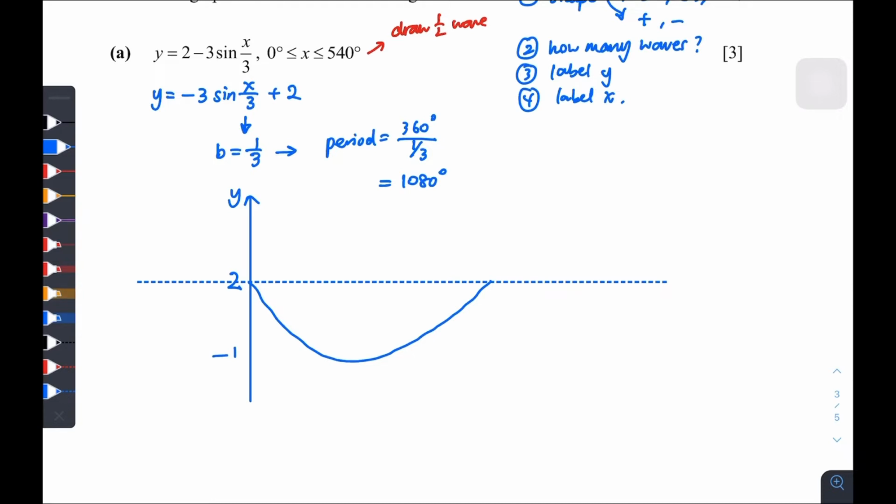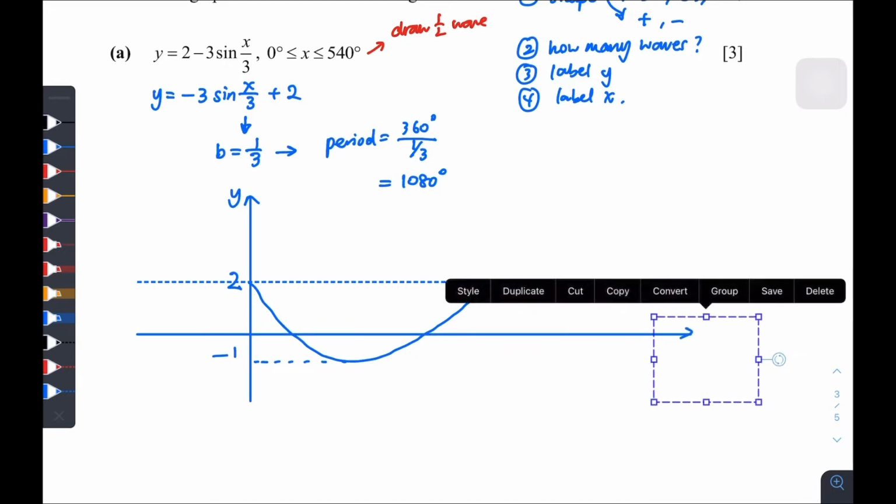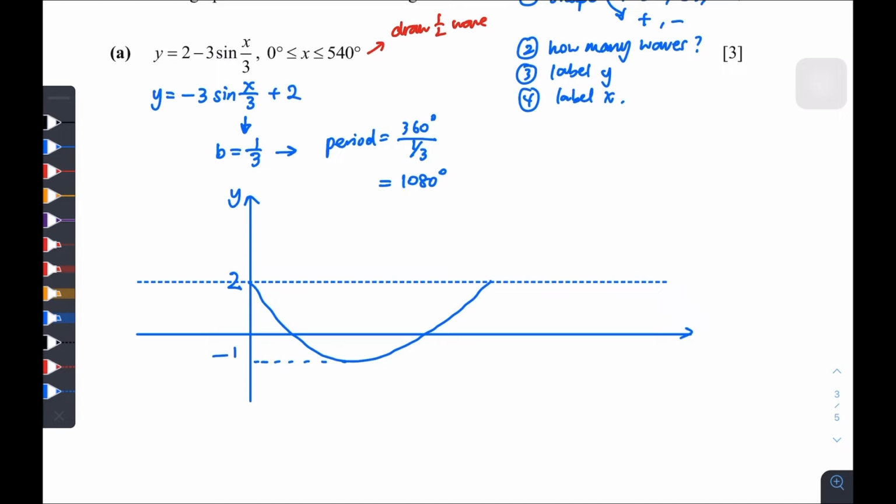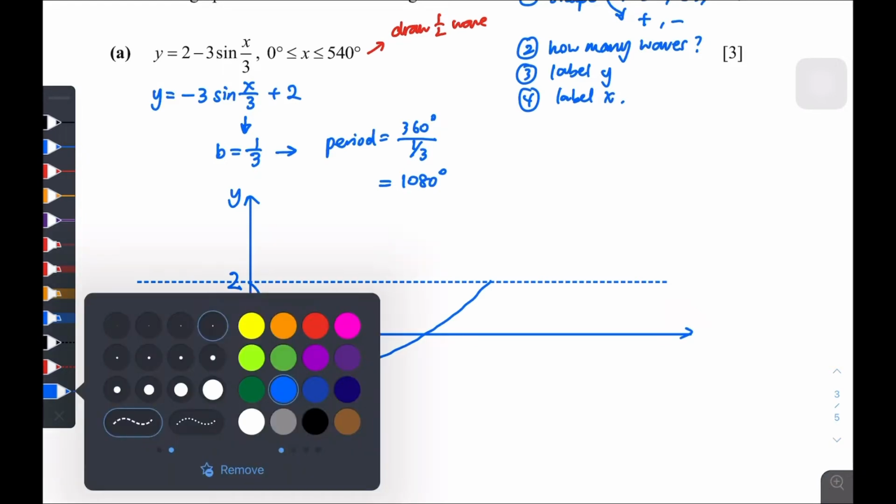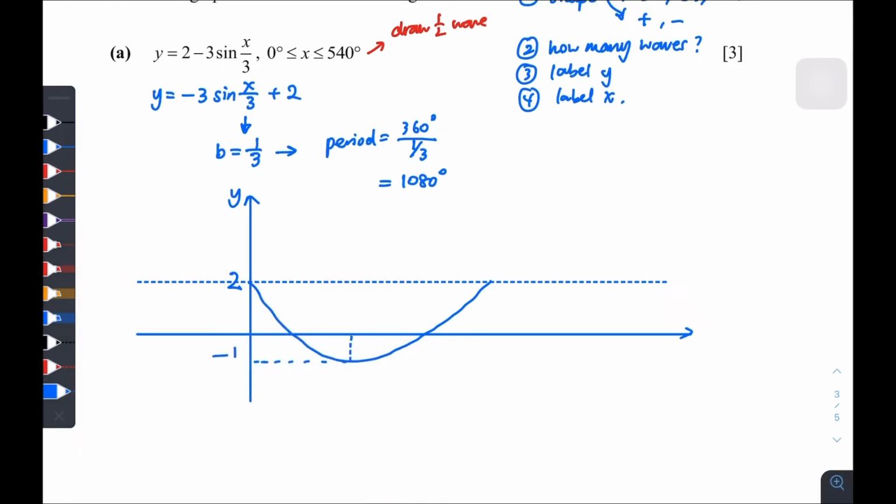So then where is our x-axis? You can draw our x-axis somewhere close to negative 1, somewhere over here. If you're not happy with this x-axis, maybe you can lower it a bit. Then we label our axis. So we have this to label over here.